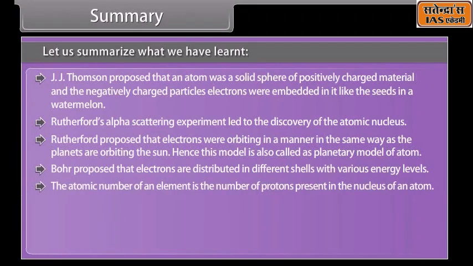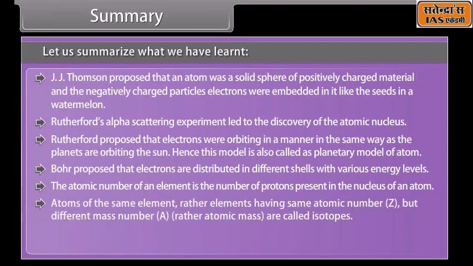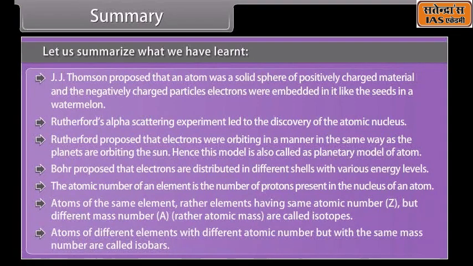The atomic number of an element is the number of protons present in the nucleus of an atom. Atoms of the same element, or rather elements having the same atomic number Z but different mass number A, are called isotopes. Atoms of different elements with different atomic numbers but with the same mass number are called isobars.